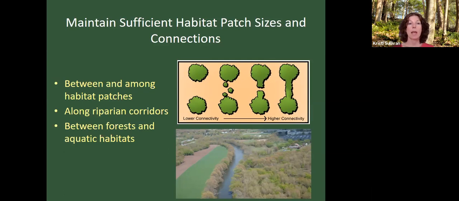And then the last connection to consider is establishing patches between forests and aquatic habitats. So connecting forests to aquatic habitats and connecting forests to forest areas, or connecting them along a riparian corridor.